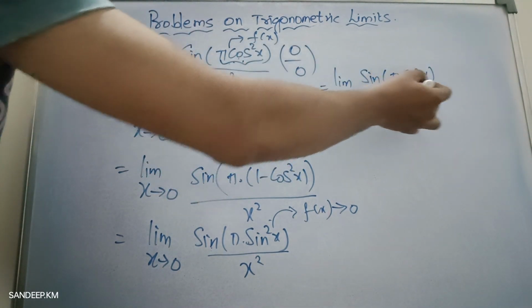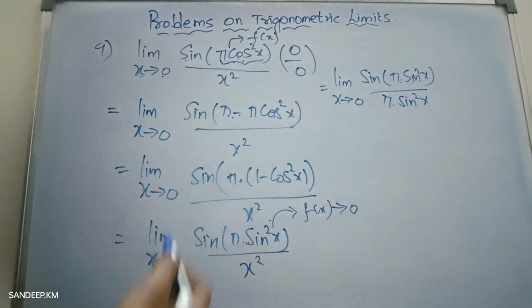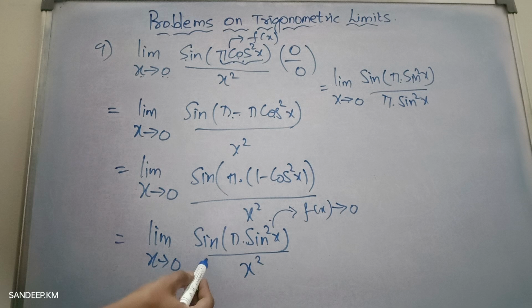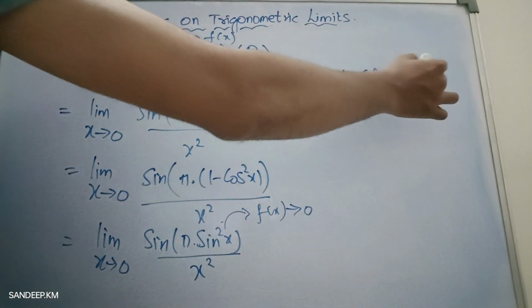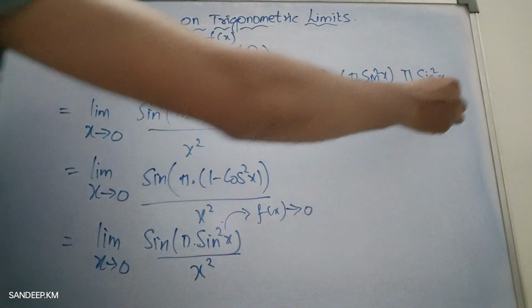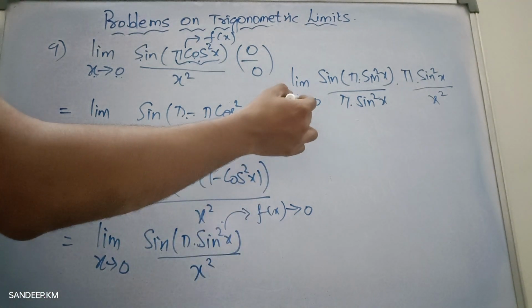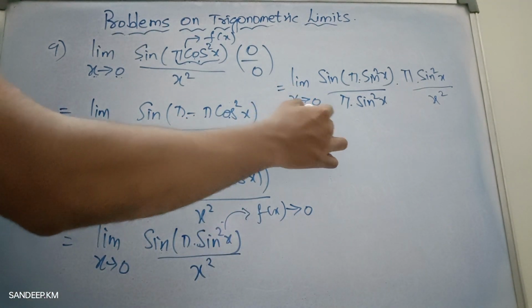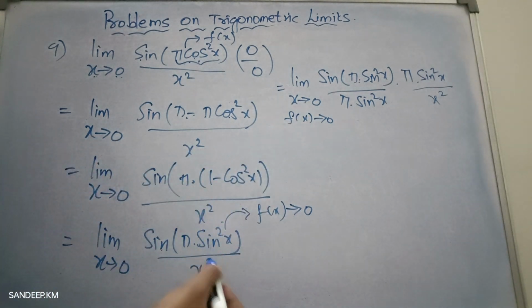If it is sine of f of x, I would like to have f of x in the denominator. So which means I divided with pi into sine square x, so I will also multiply with pi into sine square x. And already we have x square in the denominator. So dear students, when x approaches 0, our f of x, who is that f of x? Pi sine square x. Our f of x also approaches 0.